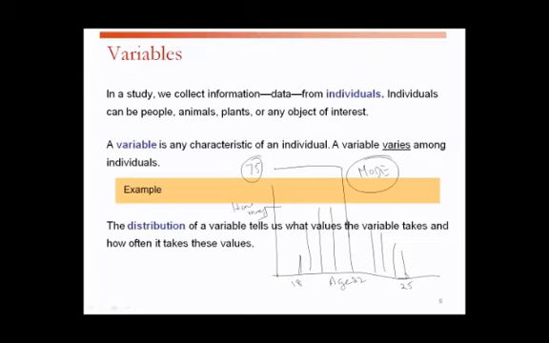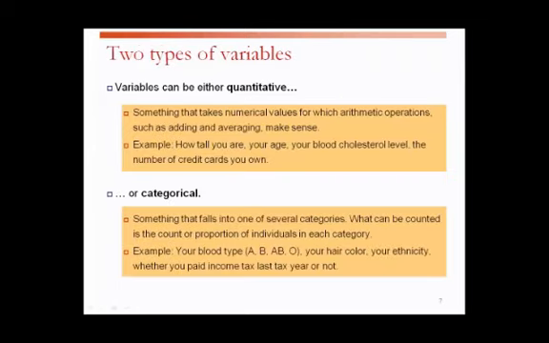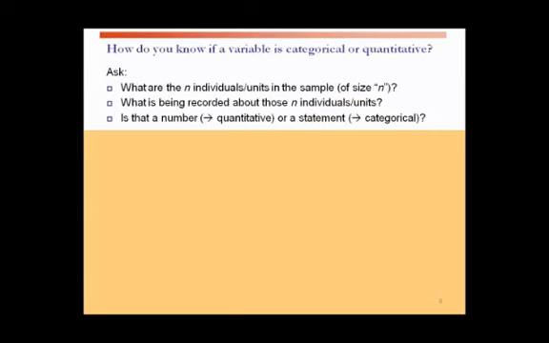So let's take a look at this further. We've already seen this. Oh, categorical. So I'm not going to talk about this anymore. The question now is, how do we decide if something is categorical or quantitative? It's really very simple.